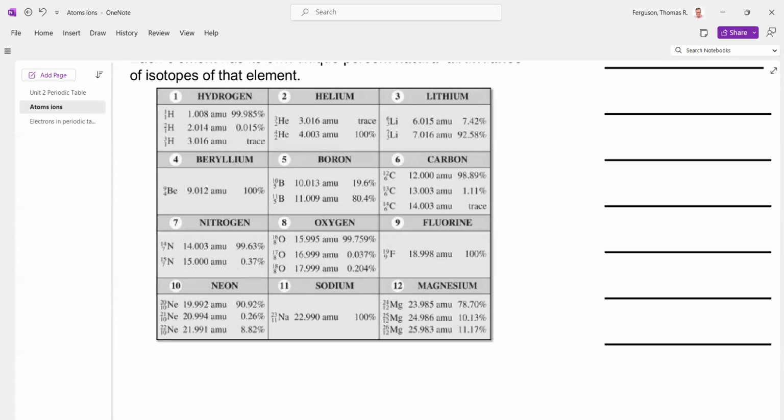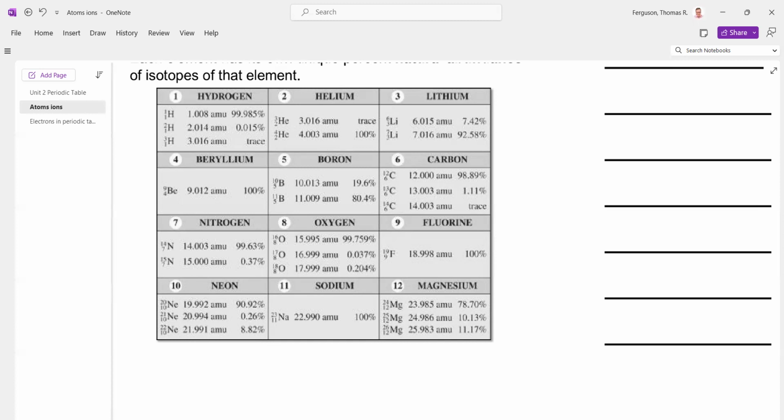Nitrogen. To get the decimal number on the periodic table, we'd go percent times this number here, percent times this number there, add them together. And that's how we get the decimal number for nitrogen. Nitrogen should be, was it 14.01? Yeah, 14.01. So most of it's 14 because it's 99.6%.